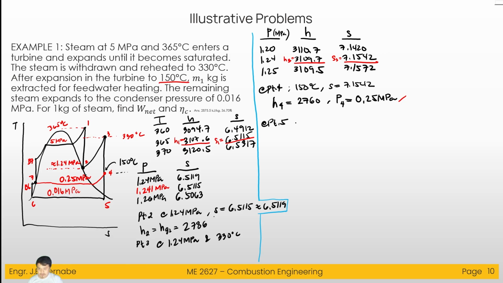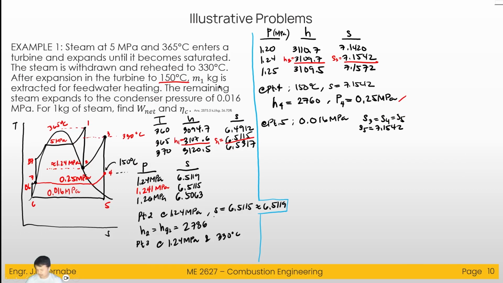You can check for 0.06, no? 0.016 megapascals, no, at table 2, and look for SG if it is less than or greater than the given S here, no? So the S here is equal to S3, equal to S4, and S5. That is equal to 7.1542. Yan.